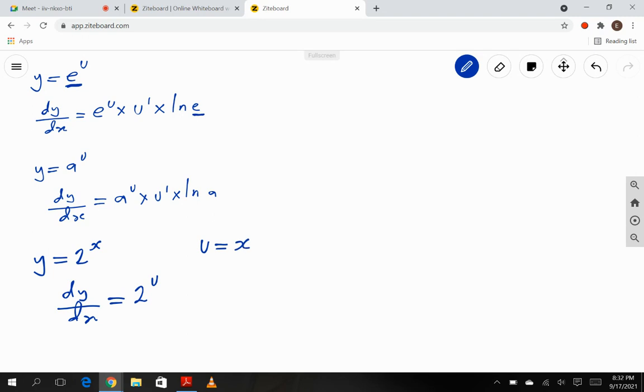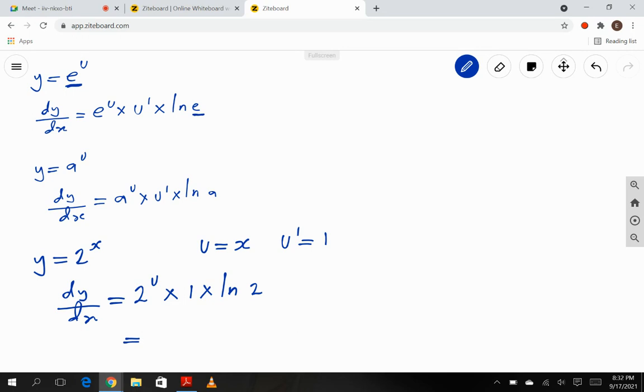So u is simply x, then u prime is 1, isn't it? So that's 2 to the power u, then the u derivative, that's 1, then times ln. Now what's this ln going to be? This ln is going to be equal to ln 2, isn't it?